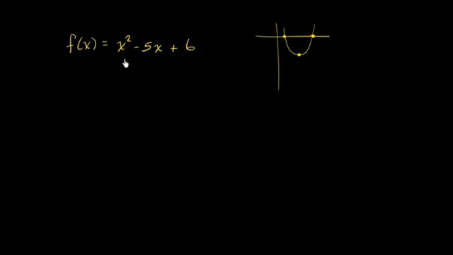In order to find the roots, the easiest thing I can think of doing is trying to factor this quadratic expression which is being used to define this function. So let's think of two numbers whose product is positive 6 and whose sum is negative 5. Since their product is positive, they have the same sign.